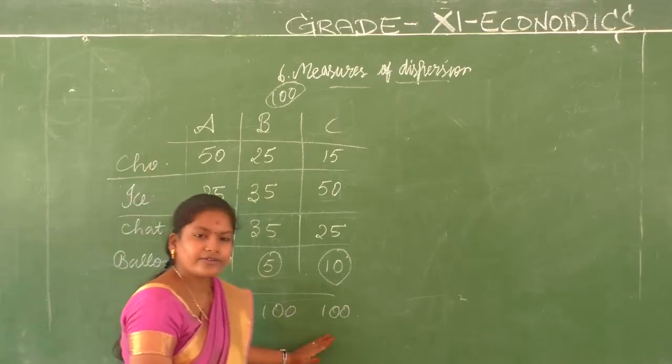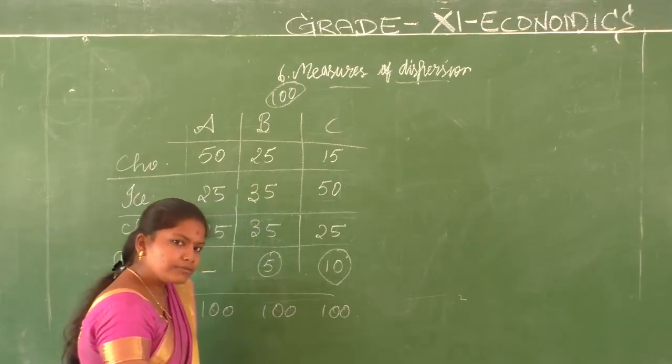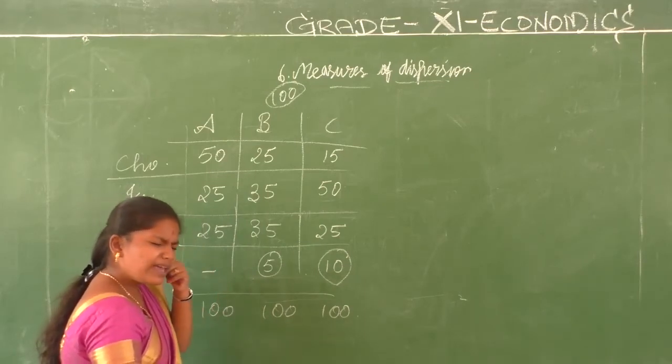So this 100, when you find the arithmetic mean, what does the arithmetic mean, children? Sigma x by n.